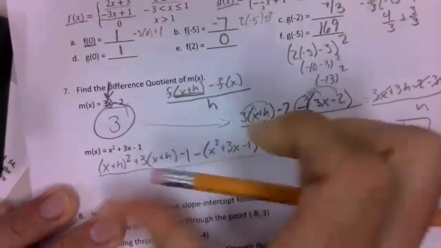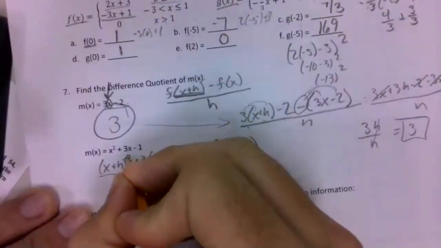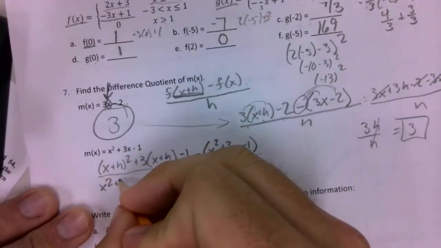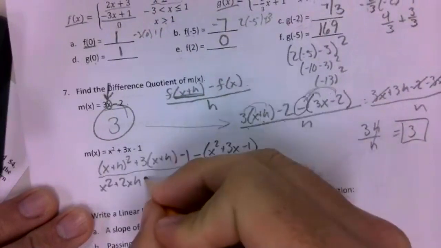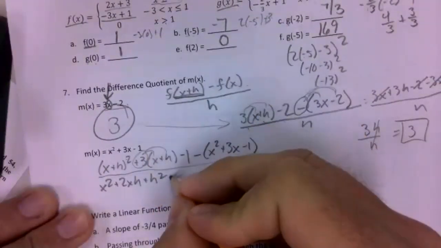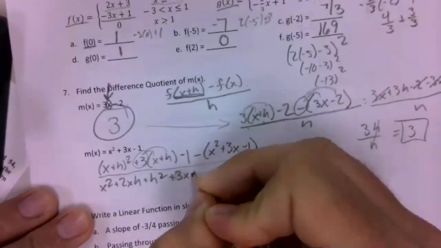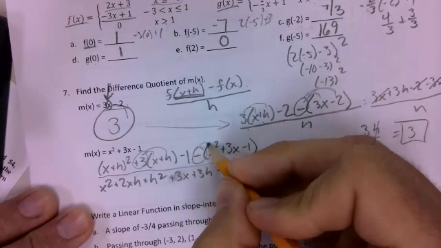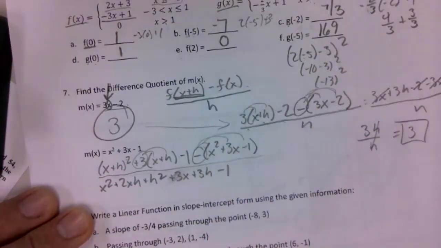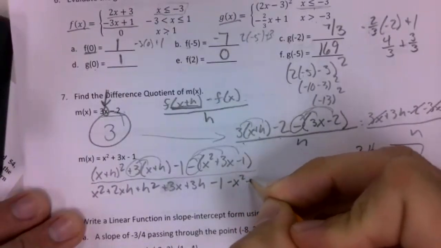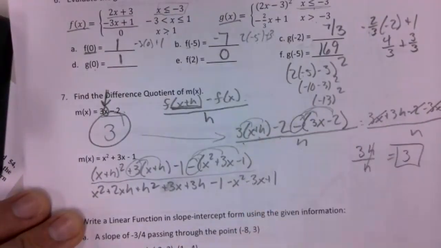Know that it's there. So when I square this, I get x squared plus xh, which is 2xh plus h squared. Distribute. Anytime you have a negative sign next to parentheses, you have to distribute the minus sign. And that's what we get.